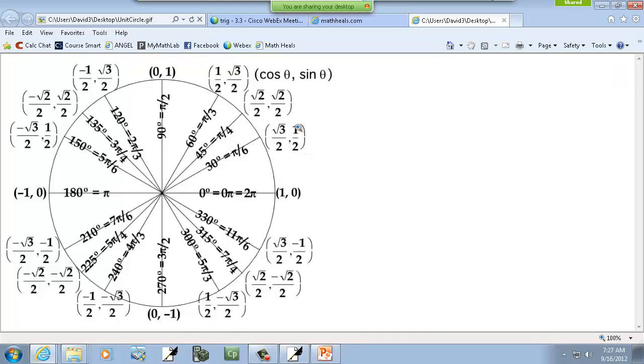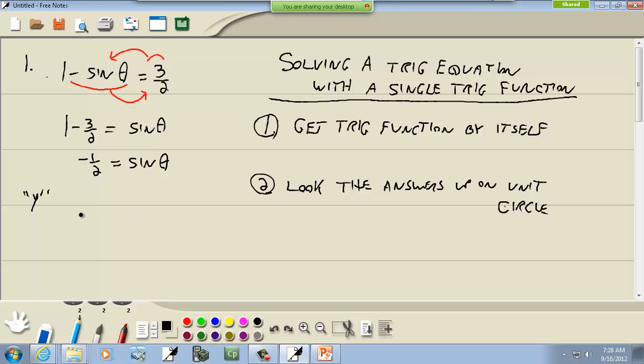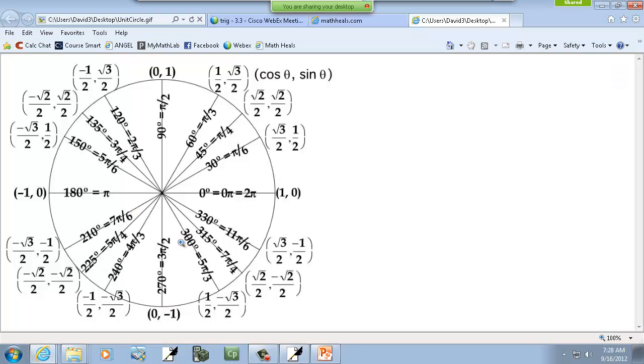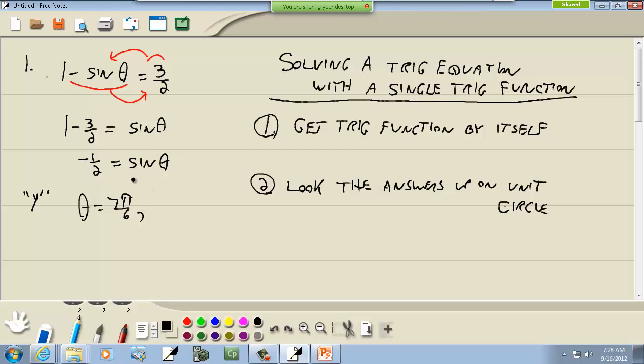Looking at our y's, we don't see negative 1/2 here. Here's negative 1/2, so 7 pi over 6. And keep going. Here's another negative 1/2, 11 pi over 6. So those would be my answers.